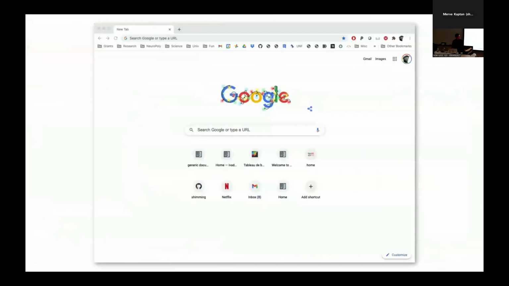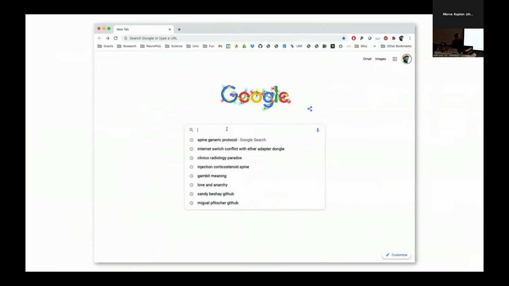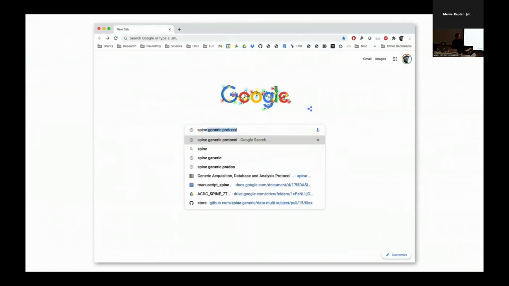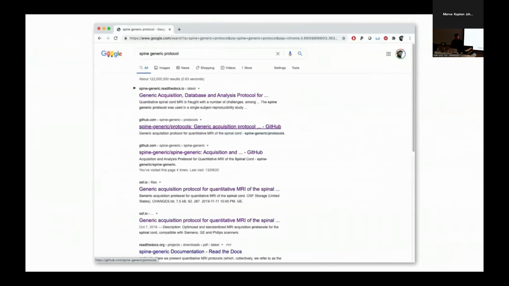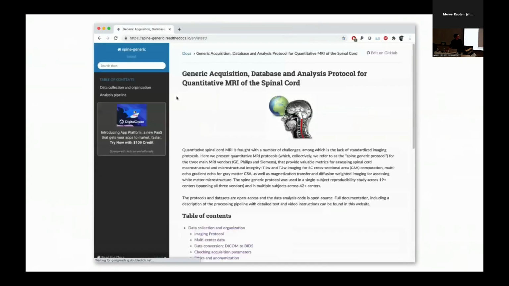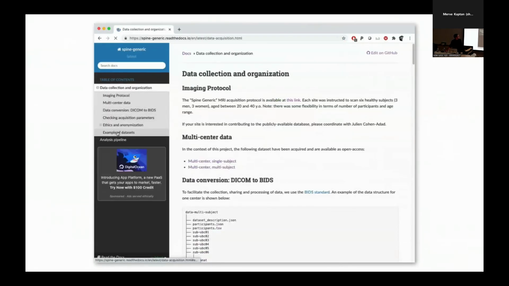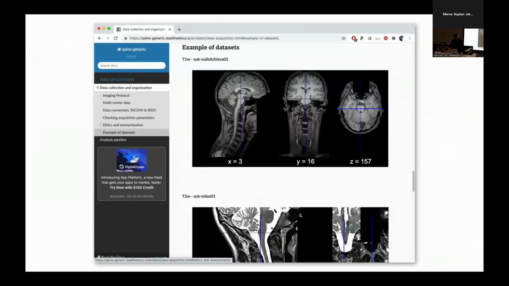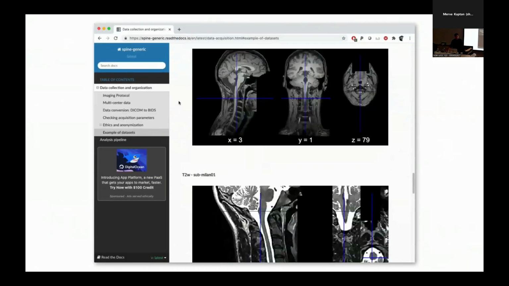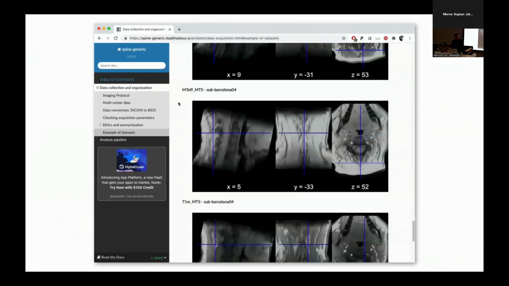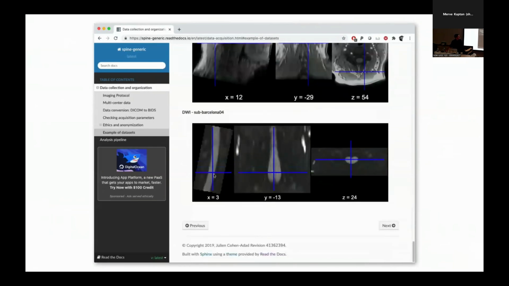So that's quite nice. And then if you want to know more, you can go to Google and type spine generic protocol. Then it will bring you to the page. On that page, first of all, you can look at the data, and you can see the different scans. You can play with the different views to have a sense of how the data should look if you decide to acquire them at your site.